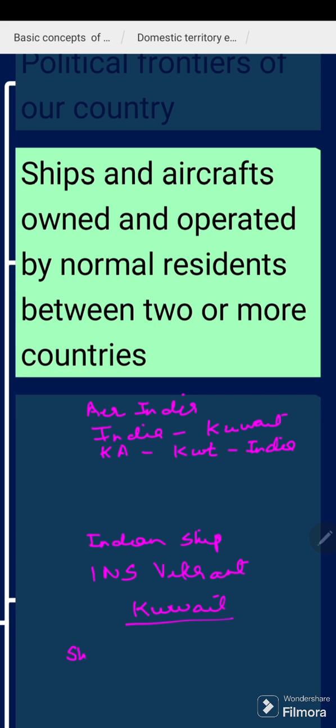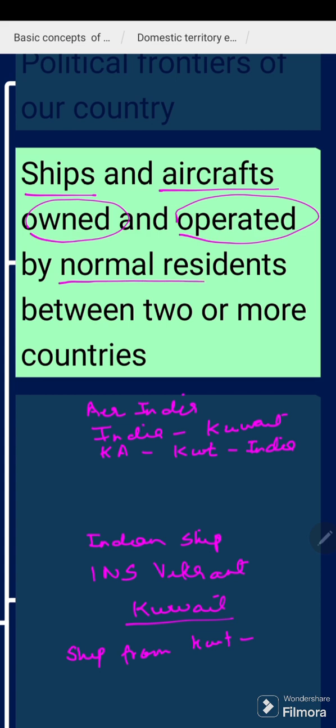Similarly, if a ship owned by Kuwait comes and docks in the harbors of India, it will be part of the domestic territory of Kuwait. So when we talk about economic territory, remember that ships and aircrafts owned and operated by normal residents between 2 or more countries will be considered part of the domestic territory of the respective countries.